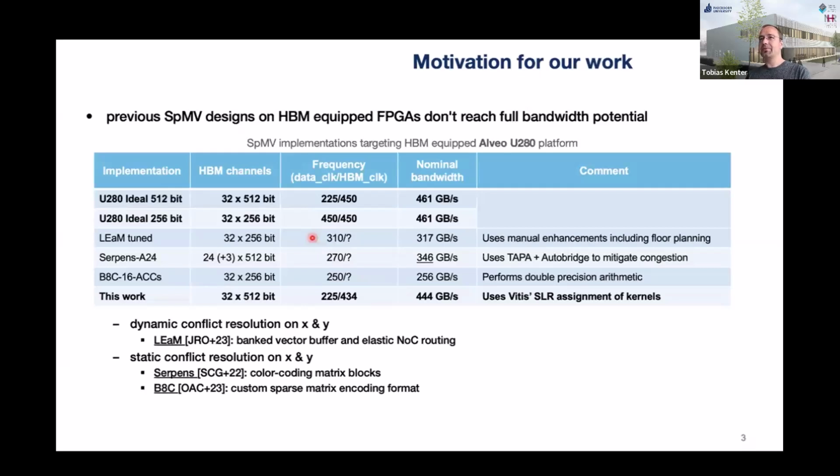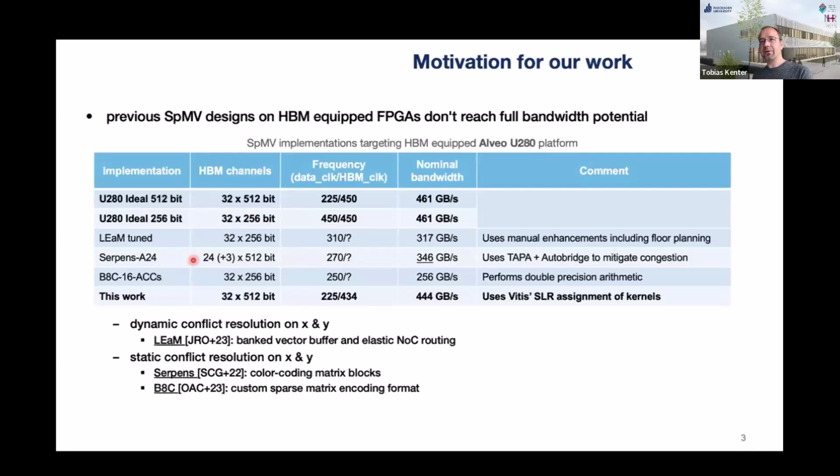Then we also heard about Serpens already, which is able to use 24 of these memory channels in 512-bit mode. Clock frequency is easily reached. Here, 24 channels are the channels used for the matrix data, and 3 more channels are in practice used for the vector data.